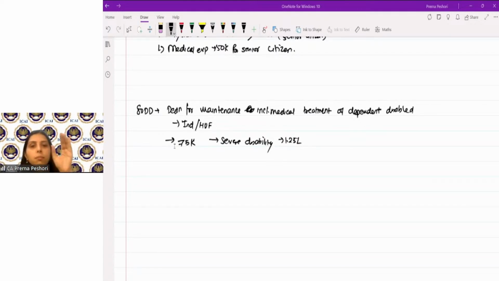Spouse, children, parents, brother or sister, who is wholly or mainly dependent on the individual. But they should not have claimed any deduction under 80U. Are we clear? So this amount is for the medical treatment for the disabled. Clear?